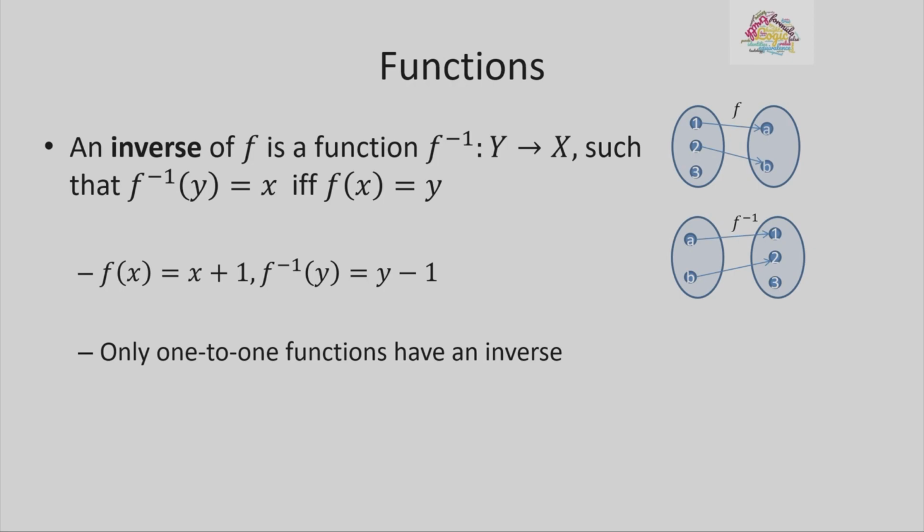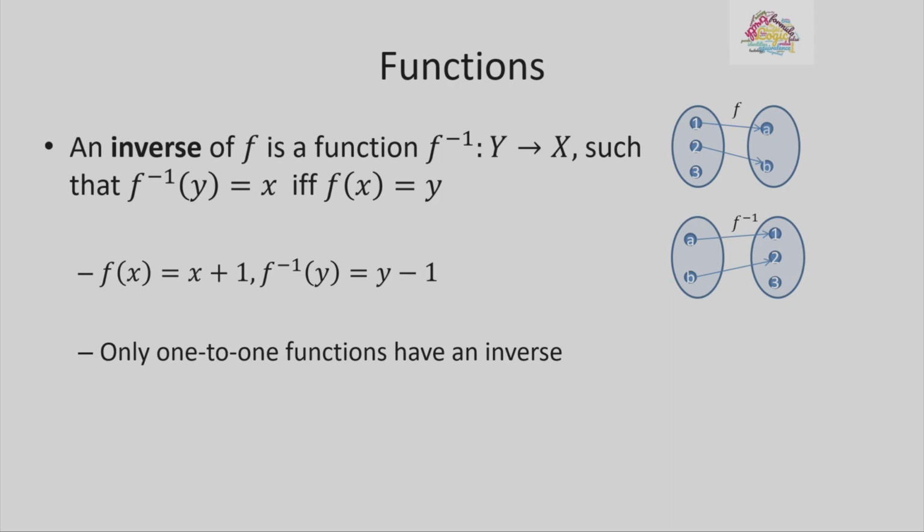So for a function f, the inverse function, written as f to the minus 1, is an inverse of f if it takes y to x as opposed to x to y. And if you give it a y, it tells you an x that the y came from if you applied f to x.